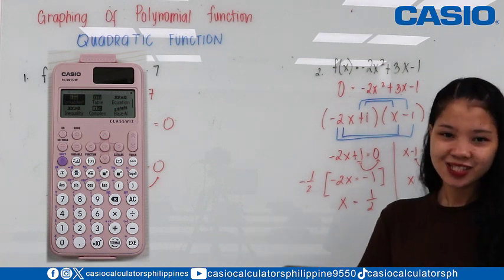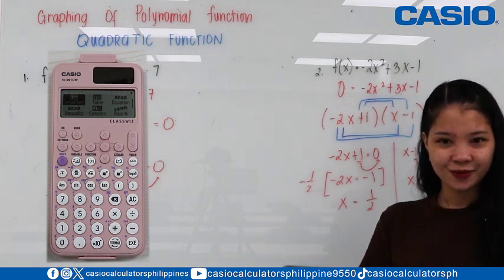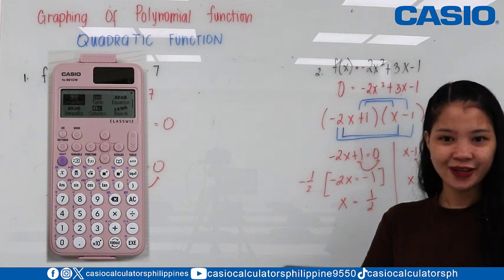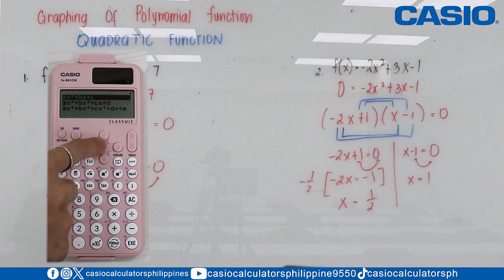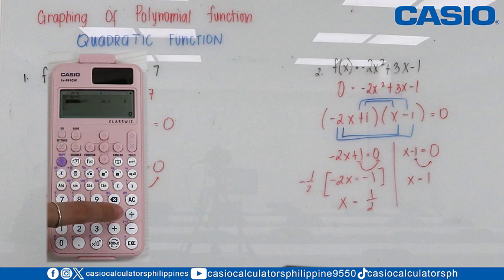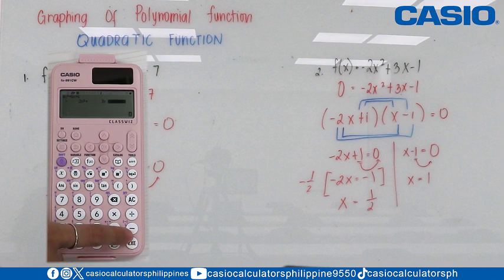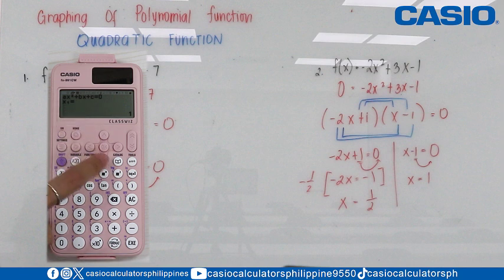So now, let us check the graphing of the polynomial function in example number 2. And now, let's proceed to the second equation. So we have negative 2x squared plus 3x minus 1. So we have the answers 1 and 1/2.